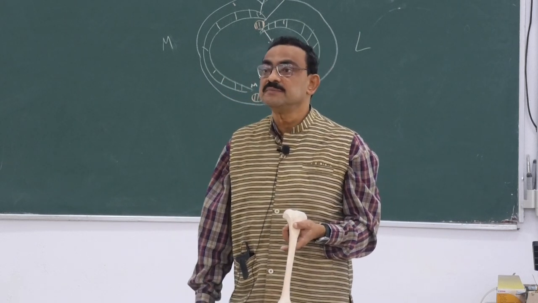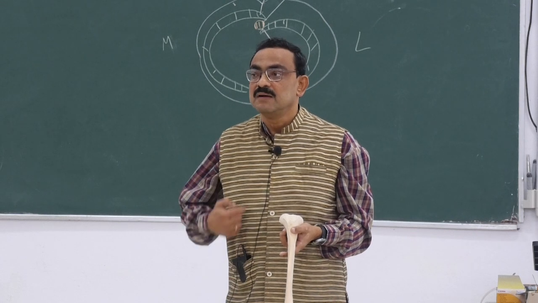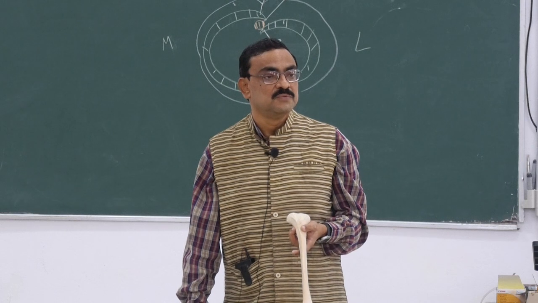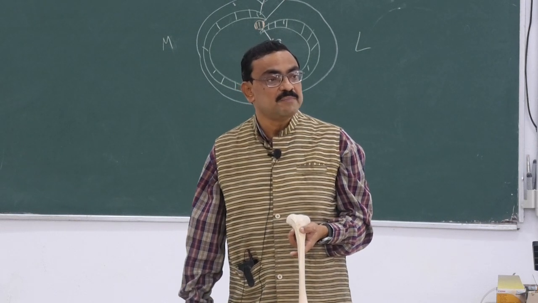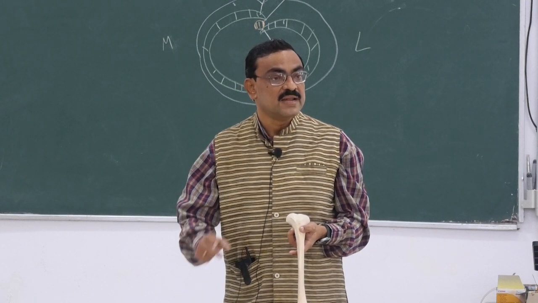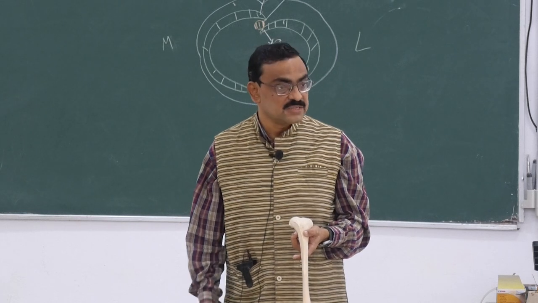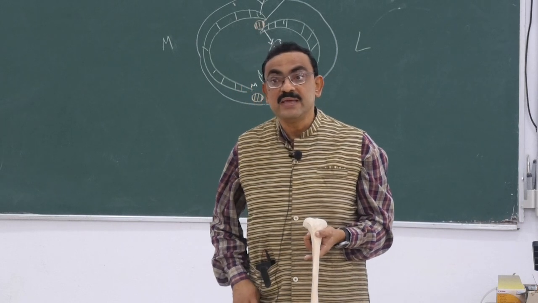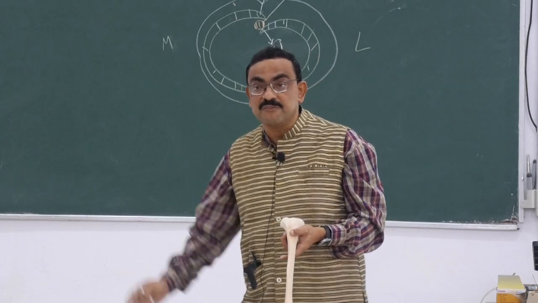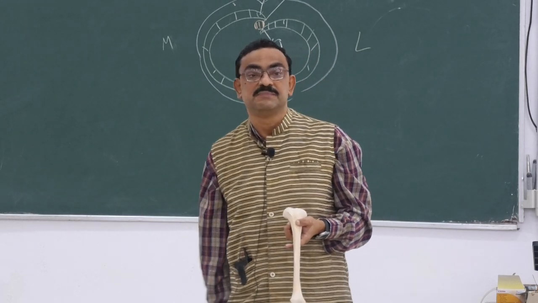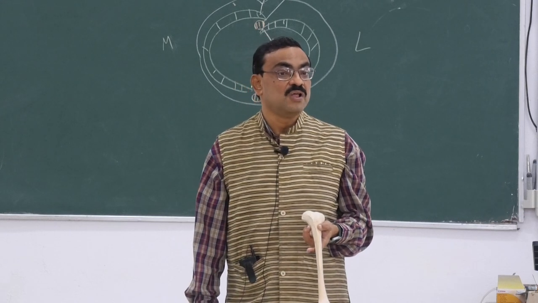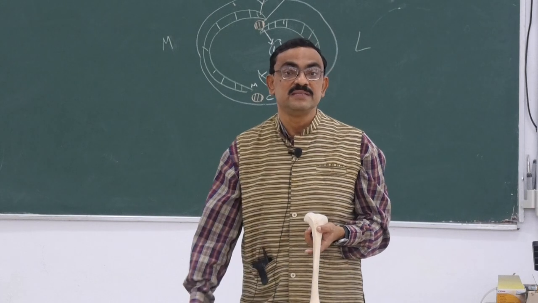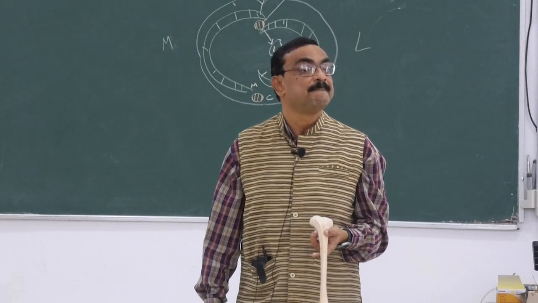What is fascia? When we incise our skin, we get a white fibrous material. That is the superficial fascia. And if we cut that one, we will get a deep fascia which covers all the muscles. In the thigh, it is called fascia lata.